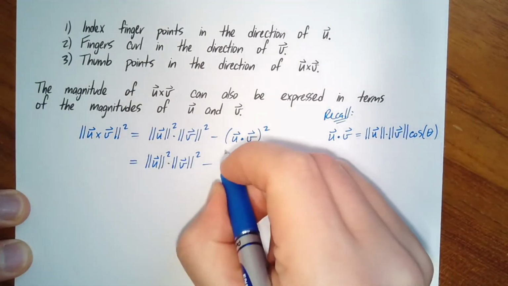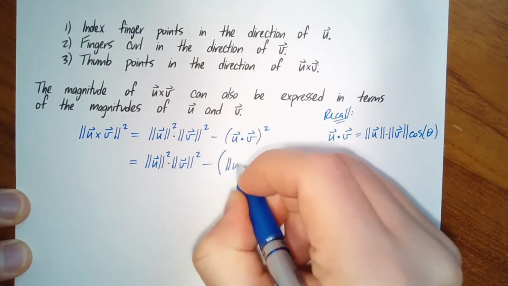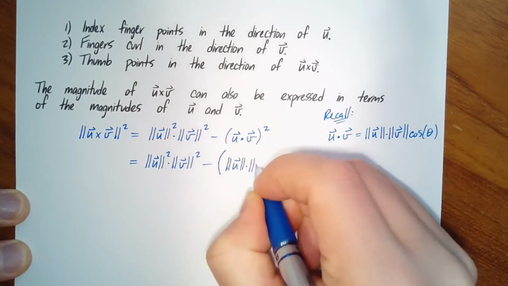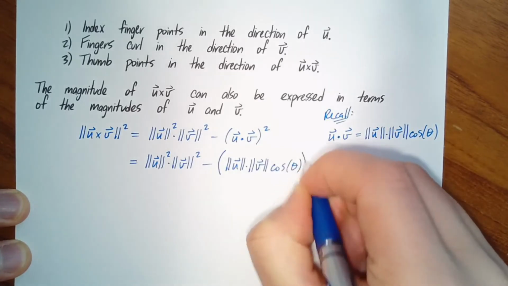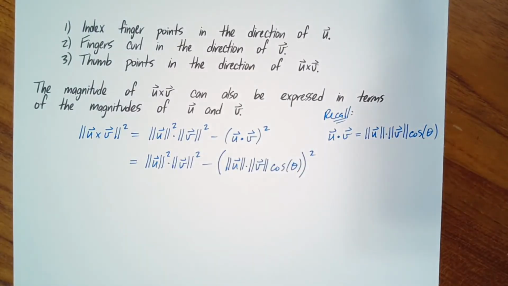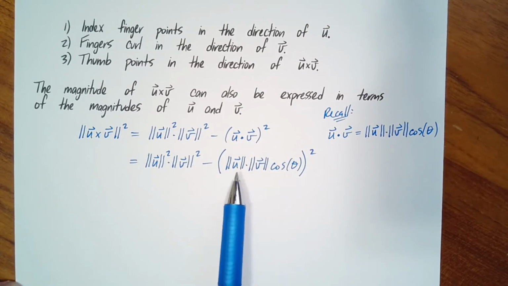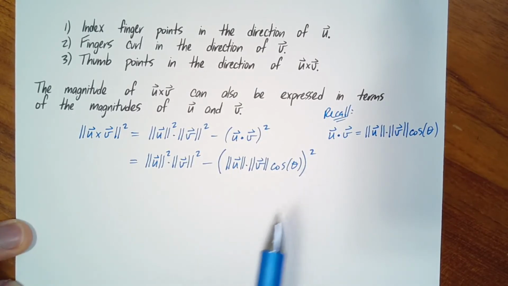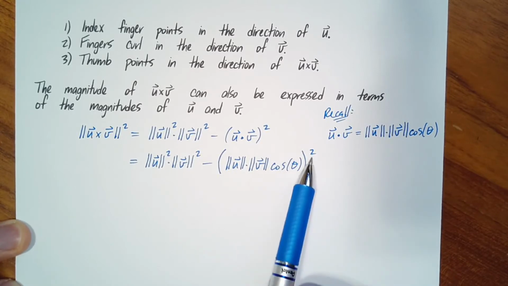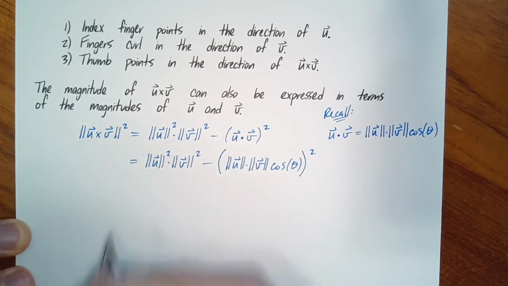So we're going to get the norm of u times the norm of v times cos of theta, all squared. But these are just three real numbers here: norm of u, norm of v, and cos theta. Those are all real numbers. And if you square their product, the square can just be applied to each of the factors separately.